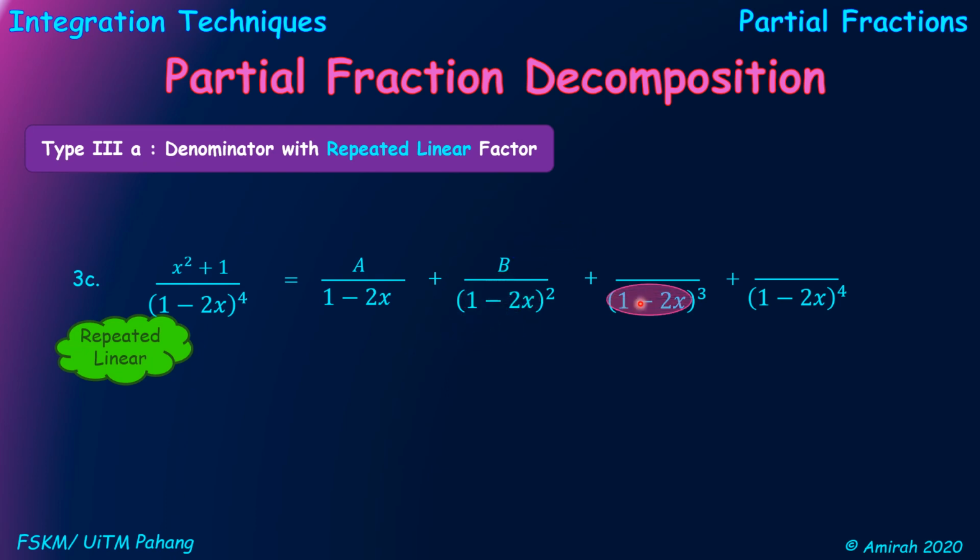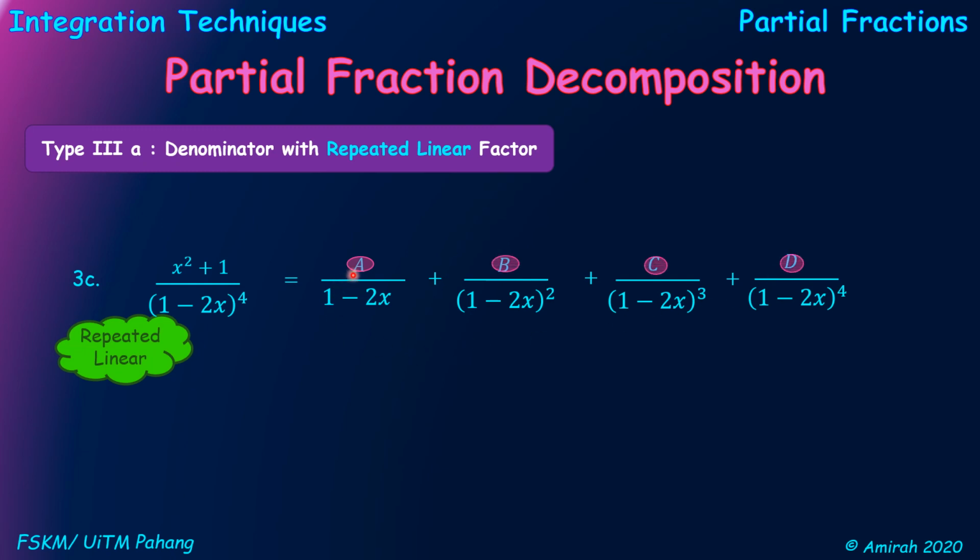And then for the third fraction, in bracket, we have linear factor. So we can write numerator equals to constant C. And for the last one, we have denominator in bracket equals to 1 minus 2x, which is linear. So we can write numerator equals to constant D. Then we can double check.